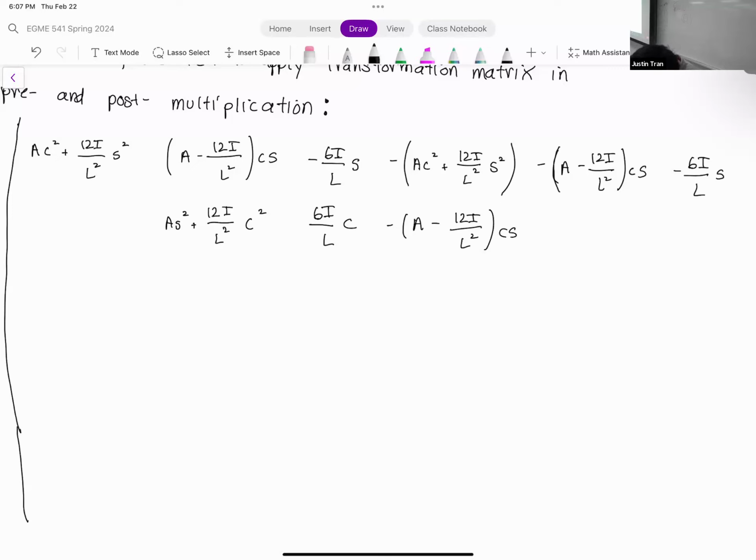And we have a minus a s squared plus 12i over L squared cosine squared. Then the last entry here is always the easiest. You have a positive 6i over L times cosine.